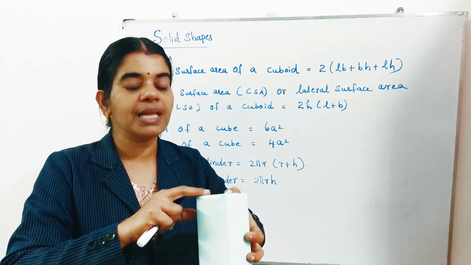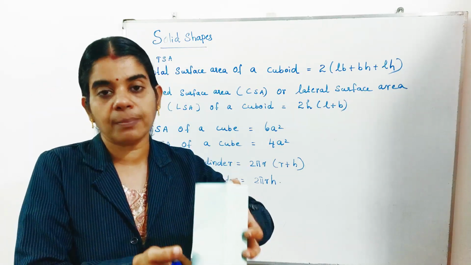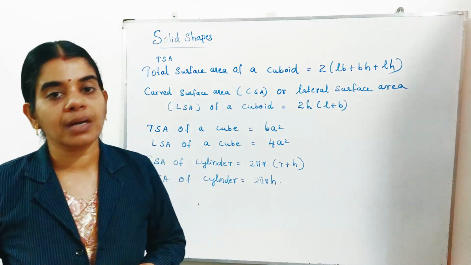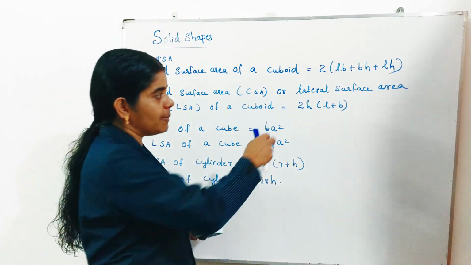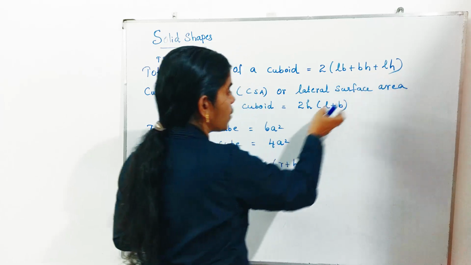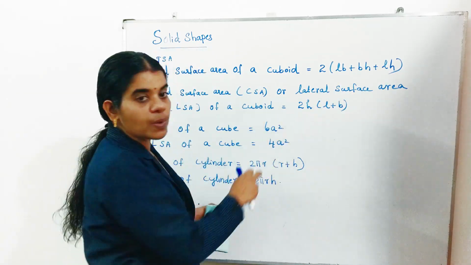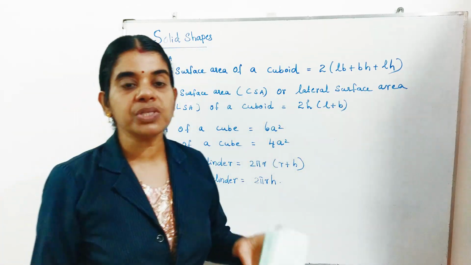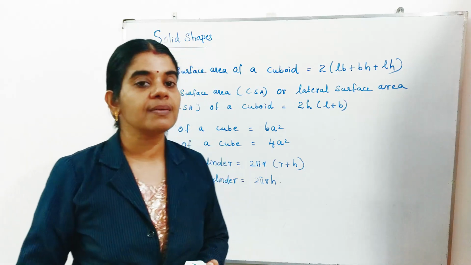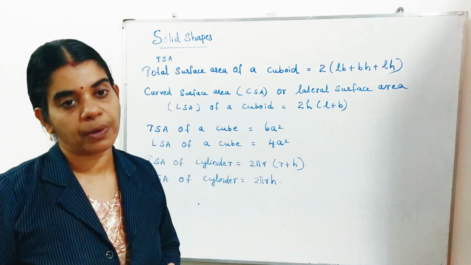Normally L into B is the top and bottom, so we remove 2LB. The remaining will be 2BH plus 2LH. Then we can take 2H common, so 2H into L plus B will be the curved surface area of a cuboid.